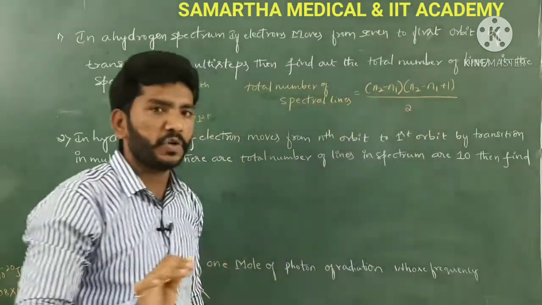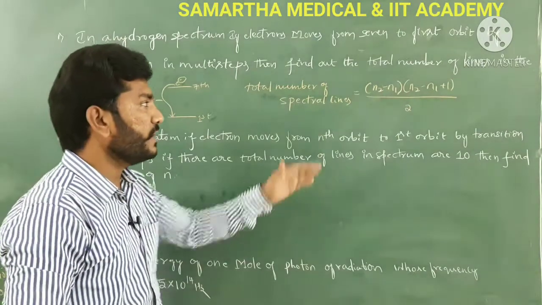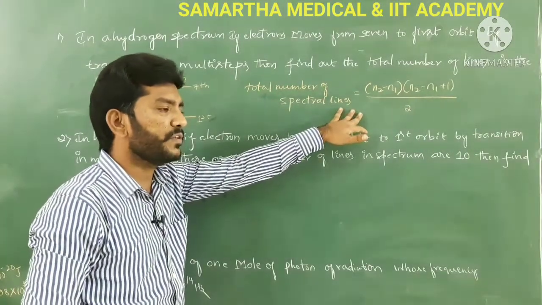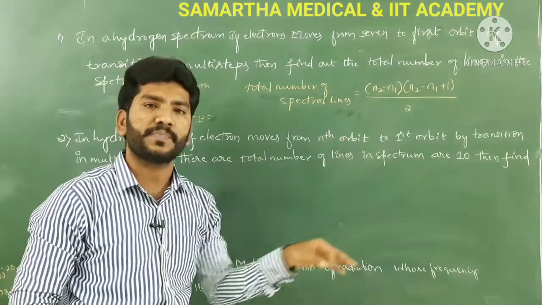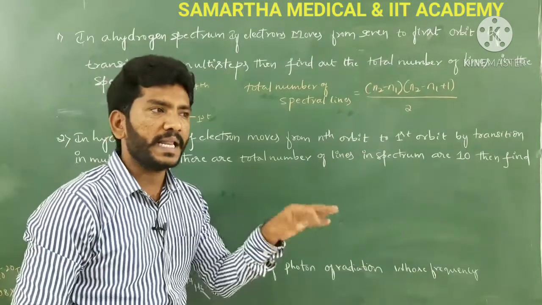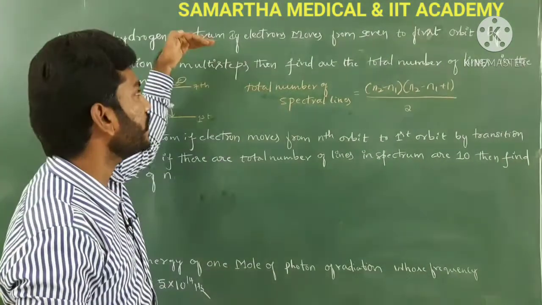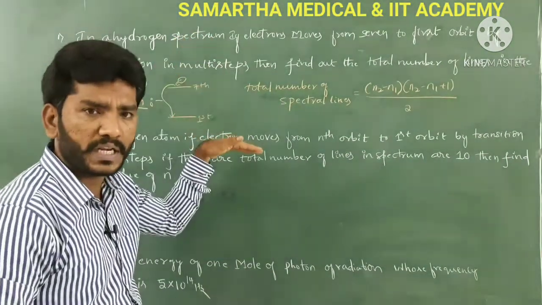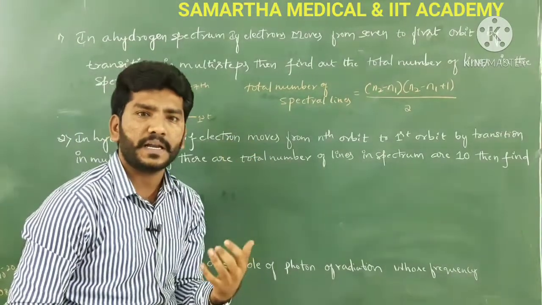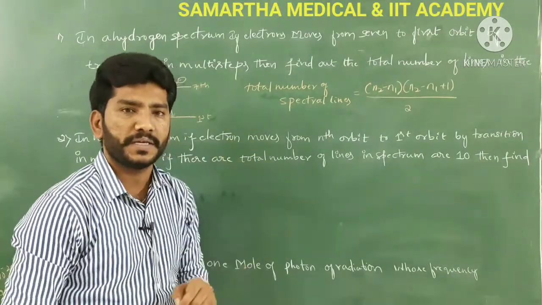So this is the actual formula, guys. We use this formula when they ask for the total number of spectral lines when an electron jumps from a higher energy level to a lower energy level, and we need to know how many spectral lines we get in that situation.